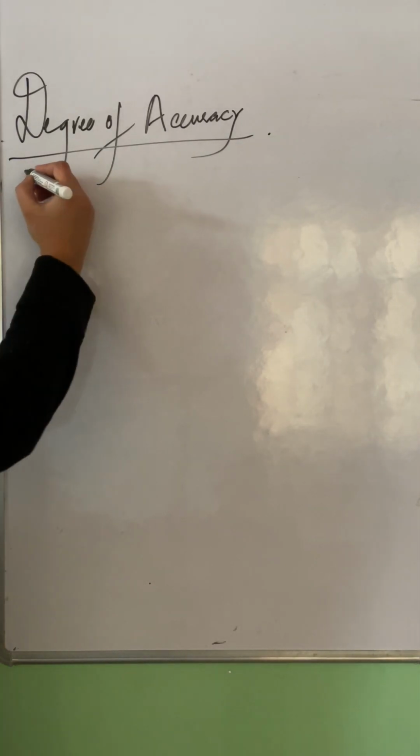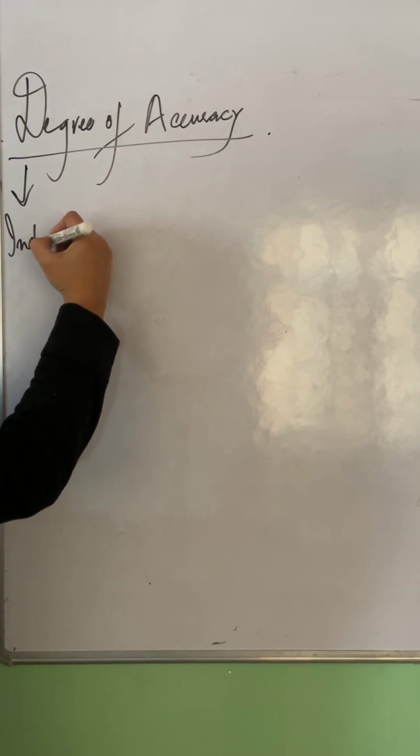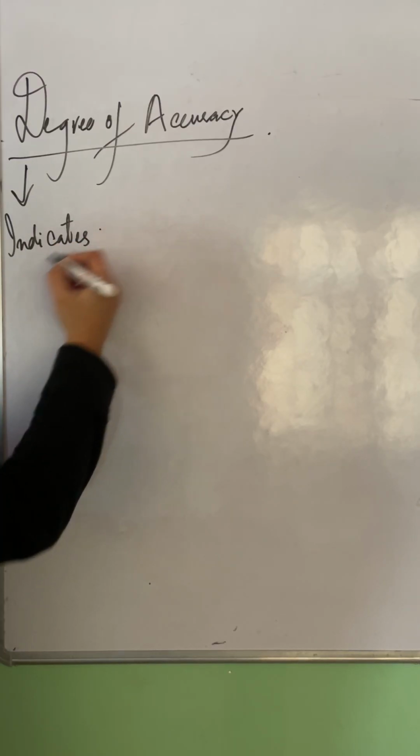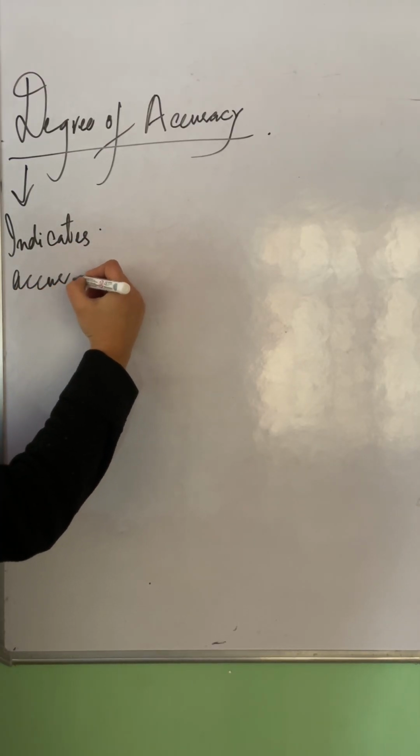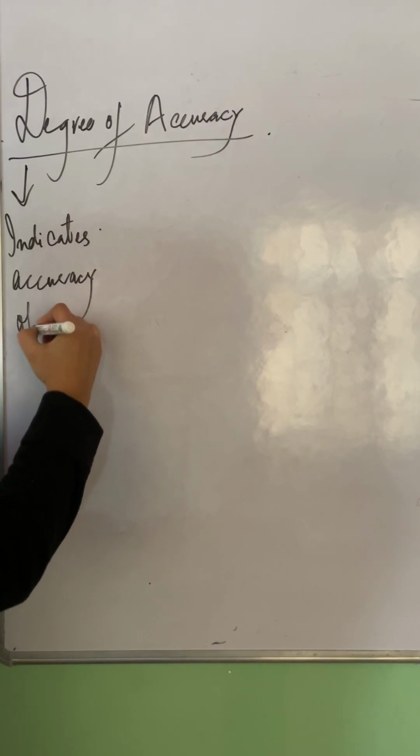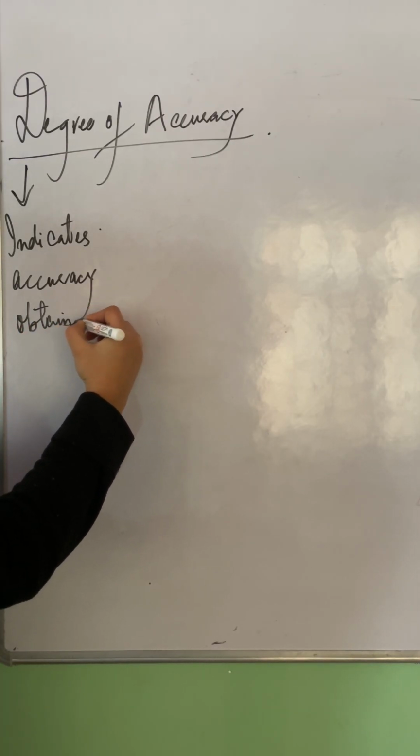The degree of accuracy indicates the accuracy attained in the measurements. What does this indicate? Accuracy obtained or achieved in our measurements.